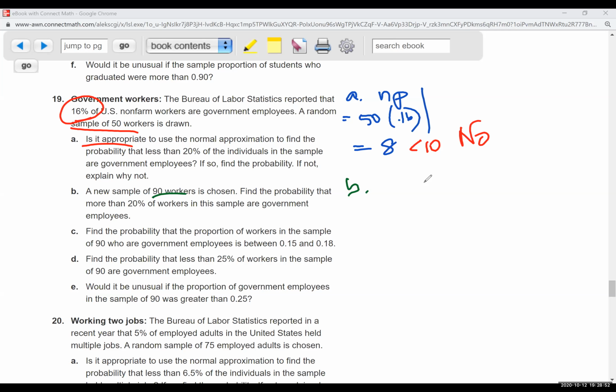What is 90 times 0.16? 14.4, that is greater than 10. And 90 minus 14 is also greater than 10. So definitely you'll be able to use normal CDF here, or the central limit theorem.